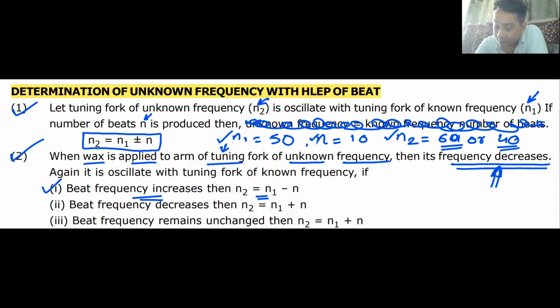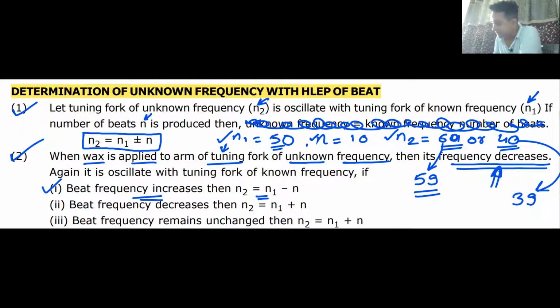If the value of the unknown frequency was 60, after loading with wax, it might become 59. If it was 40, after loading, it might become 39. Now, if it becomes 59, the known frequency was 50, the number of beats or beat frequency should increase.